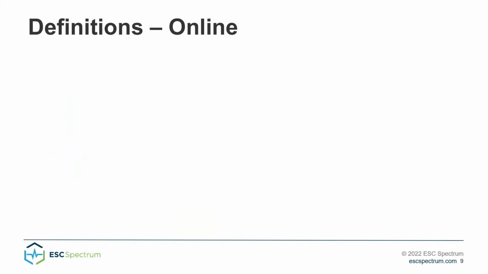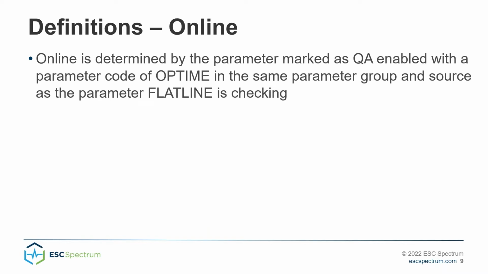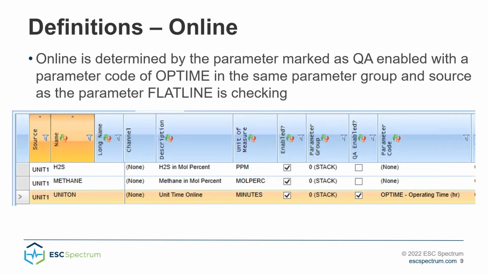Importantly, the Flatline tool only looks at online data. In this case, online is going to be determined by the parameter marked as QA enabled with a parameter code of uptime that is in the same parameter group and source as the parameter that Flatline is detecting. If you go to the parameters tab within StackStudio, you can see the source the parameters are on.